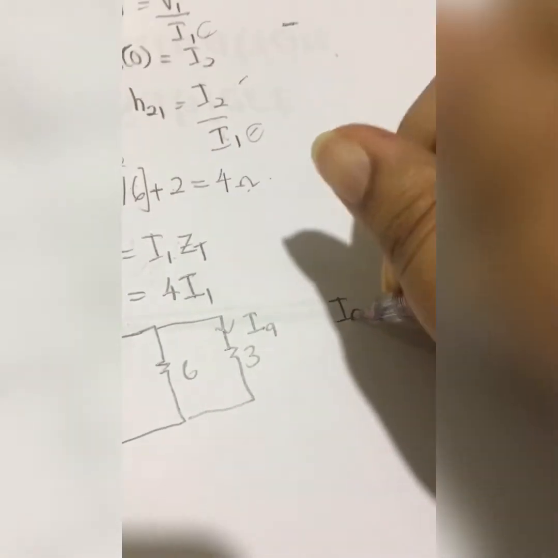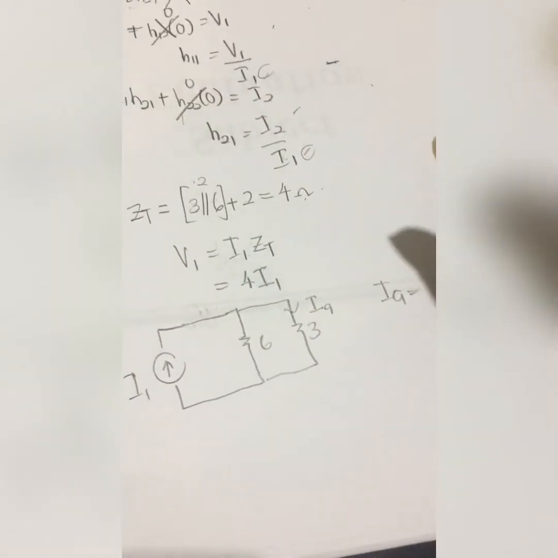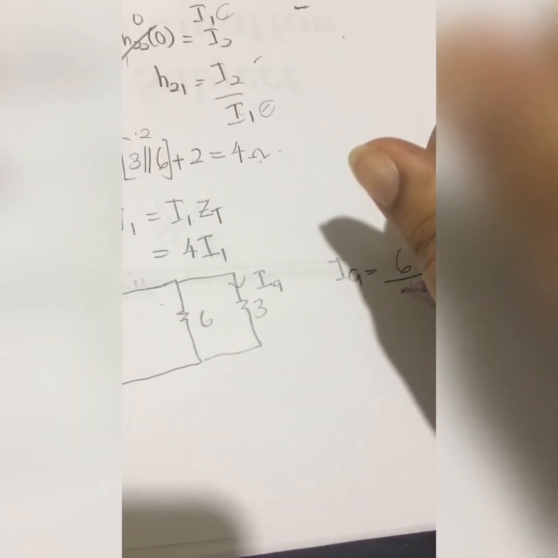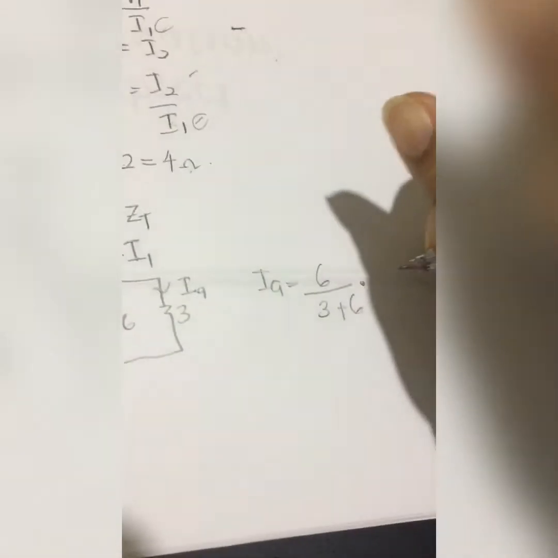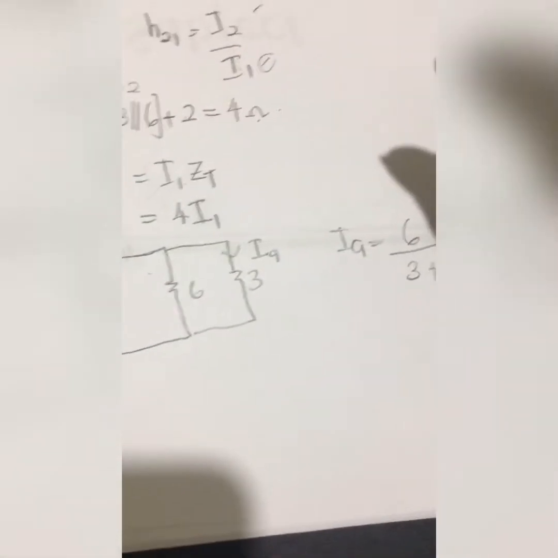So according to CDR, IA is equal to the opposite impedance, the opposite resistor divided by the total of these two impedance. So 3 plus with 6 multiply with the current source, so I1. So we get 6 over 9 I1.